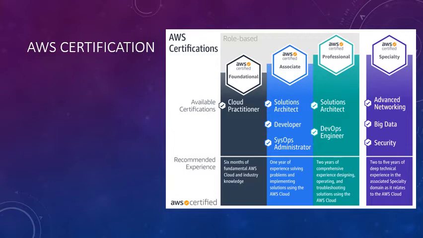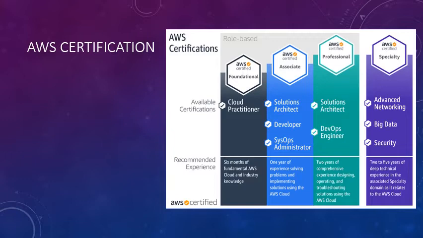The second level is associate. Associate level gets quite difficult, I think. Solutions Architect certification is quite tricky. They have a lot of things you need to know. It's the breadth of knowledge rather than the depth of knowledge, but you have to know a lot of things to pass. And then there's Developer and SysOps Admin. I've got Solutions Architect Associate and SysOps Admin Associate.